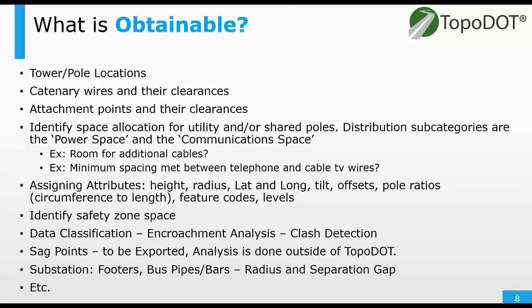And what are these features that I'm talking about? This is a quick list of what you can extract, which includes towers, poles, wires and attachments, clearances, real estate on or between the power and communication space, encroachments, sag points, footers, etc. The majority of the larger objects are going to be extracted using the point cloud data alone.